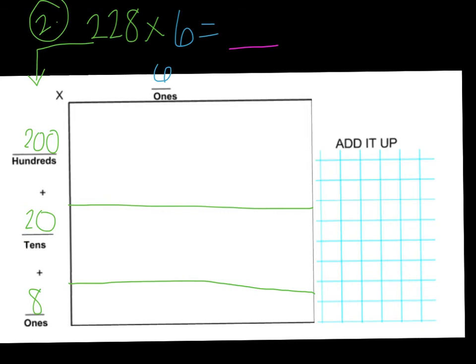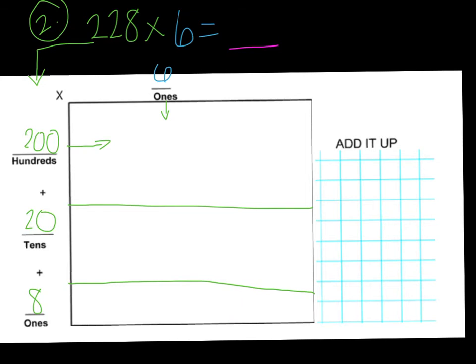Now we're going to do our next step where we do our multiplication, except this time we're going to break it into 3 multiplication problems by place value. So I'm going to start with my hundreds multiplied by my ones. And remember, you multiply your ones all the way down from up there.